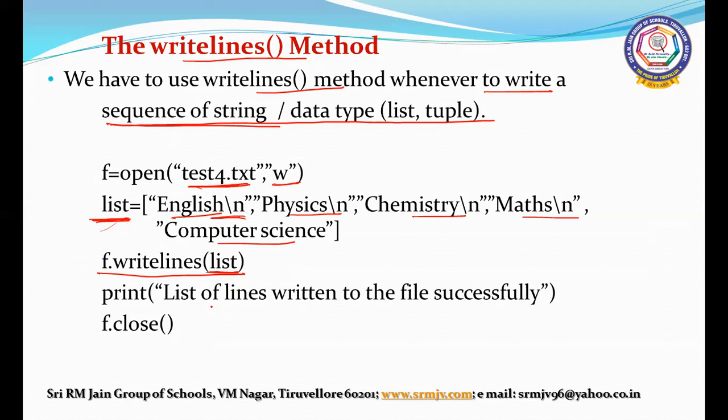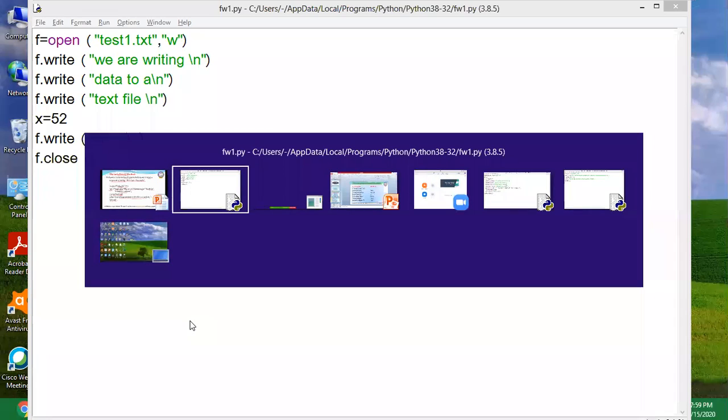So here we have given a print statement that the lines have been written into the file successfully, and at the end of it we have to close the file.